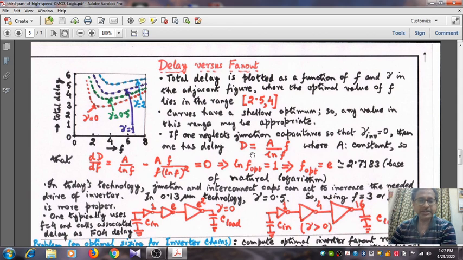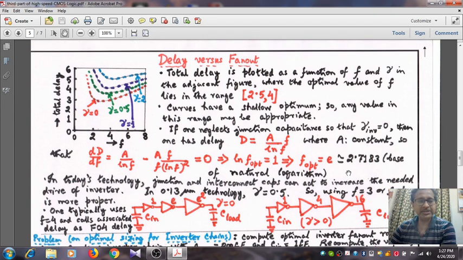Now you differentiate this with respect to F and equate it to 0, then the optimal value of the fan out factor or width factor is obtained as e, the base of the natural logarithm, that is 2.7183. Clear? Now in today's technology, junction and interconnect capacitance can act to increase the needed drive of the inverter.